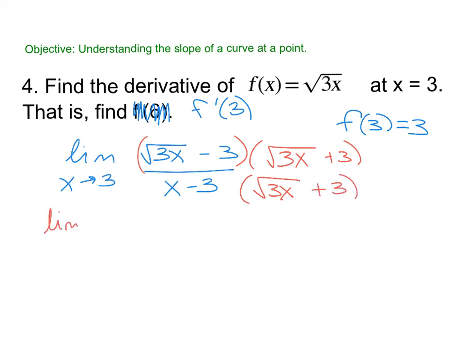So we get the limit as x approaches 3 of 3x minus 9 over (x minus 3) times (the square root of 3x plus 3).